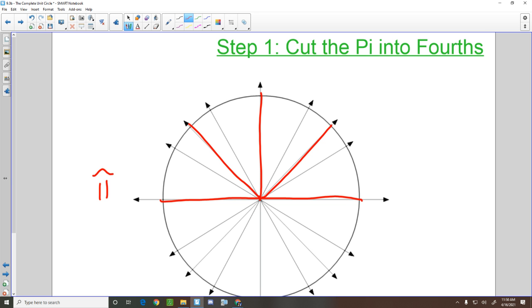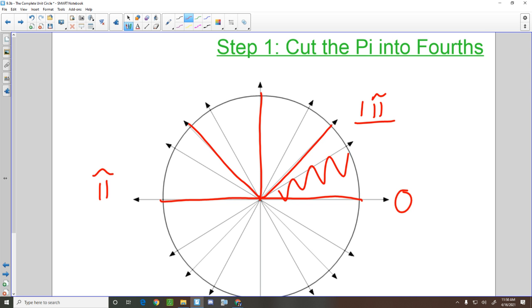Starting from 0, so here's 0 right here. If I just took this first slice, that's saying I have 1 slice of pie out of how many? How many total slices did we have? How much of the pie is this?